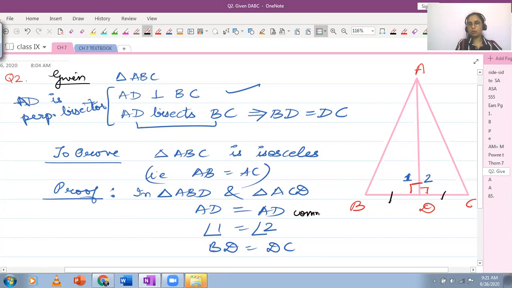So this is the common side. Why are 1 and 2 equal? Each is 90 and this is given.